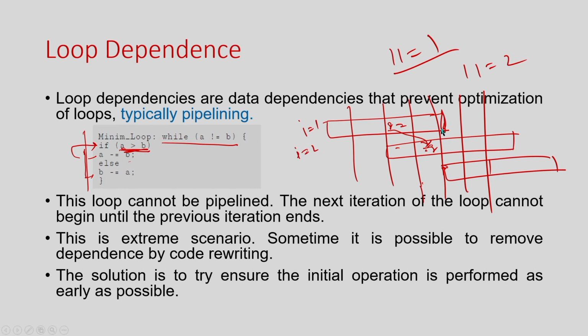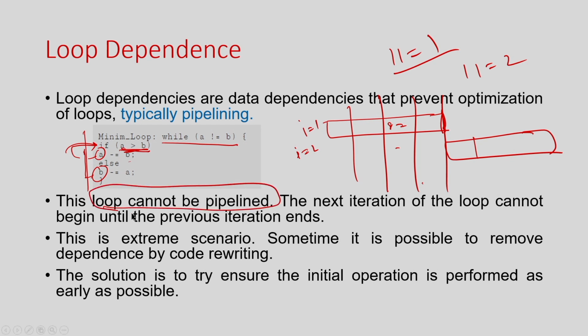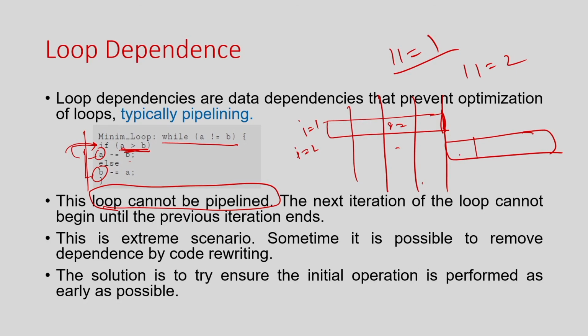So, I cannot start the next iteration in overlap with this; I can only start it at the end of the first iteration, once A and B are available, and then only can I check this. So, this is my initiation interval equal to 2. This means this loop cannot be pipelined at all, because of this loop-carried dependency. The second iteration has to wait for the completion of the first iteration.